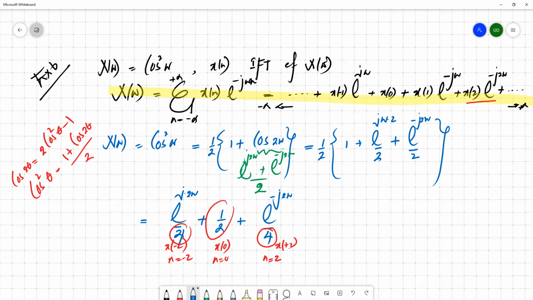So if you simply see the x[n], it is something like that.